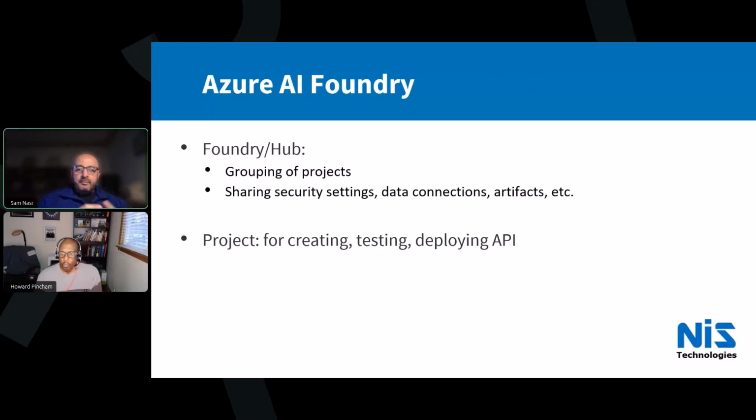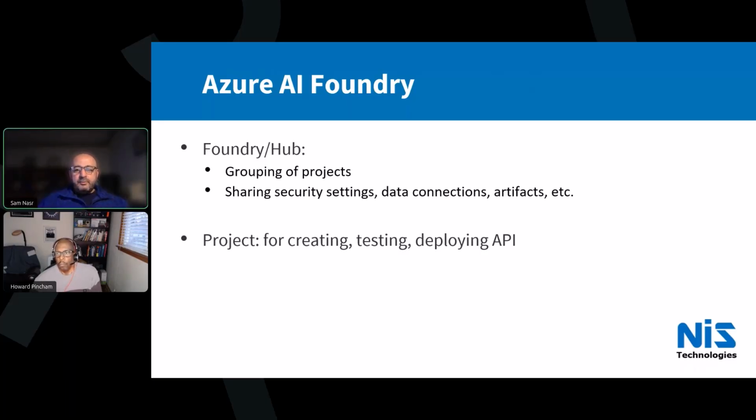The purpose of the hub, and we'll see it in another slide, is basically as an umbrella organization or container for all the projects underneath it. So once we have a resource that's available in the hub, it is then available to all the projects that are underneath that hub.